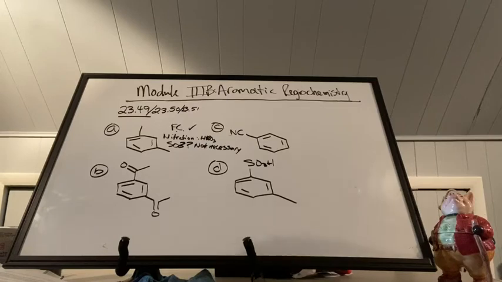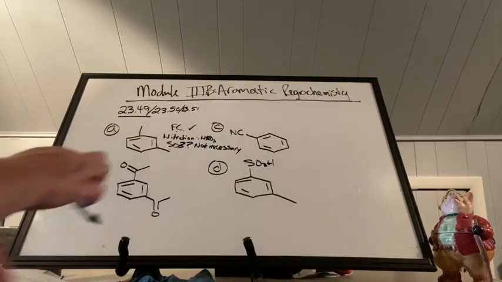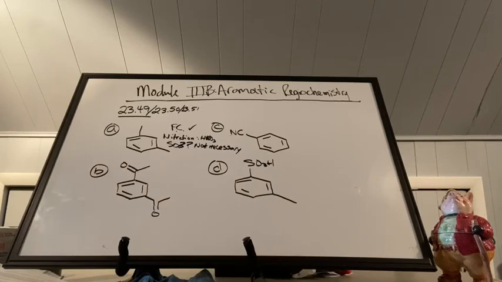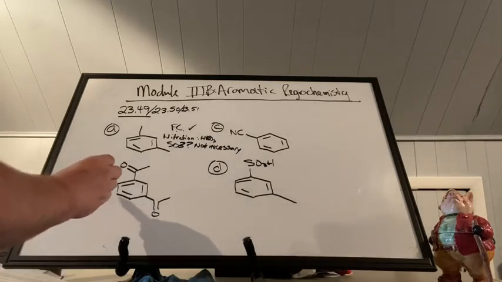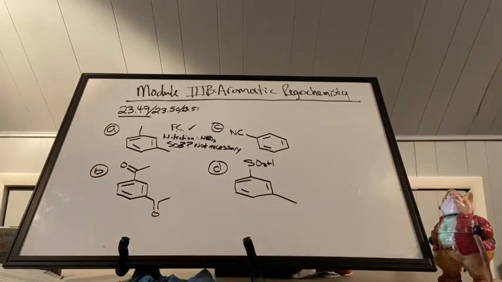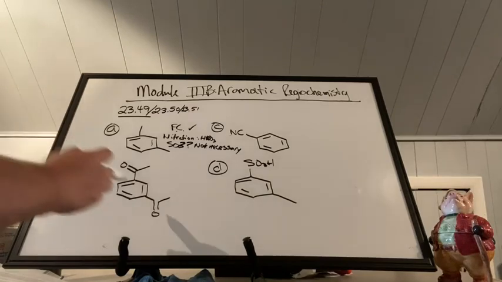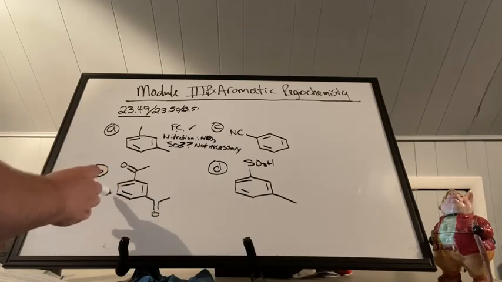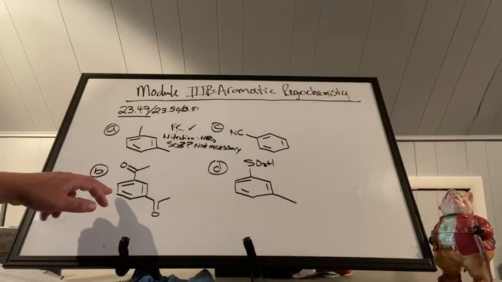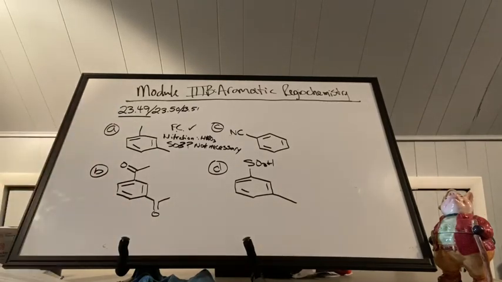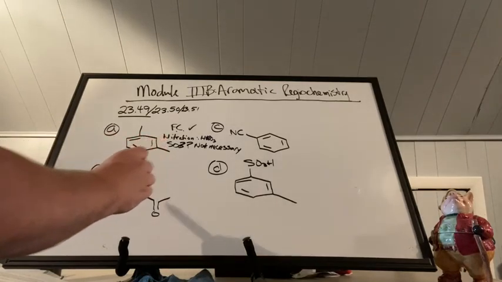For the next example, B, you have two deactivating groups, those two ketones there that are meta-directing. So if you were to do some electrophilic aromatic substitution, it's likely to occur right there. Remember, these are meta-directors, so they're meta to one another, but they can only direct, not activate, to this site. So is Friedel-Crafts going to work?